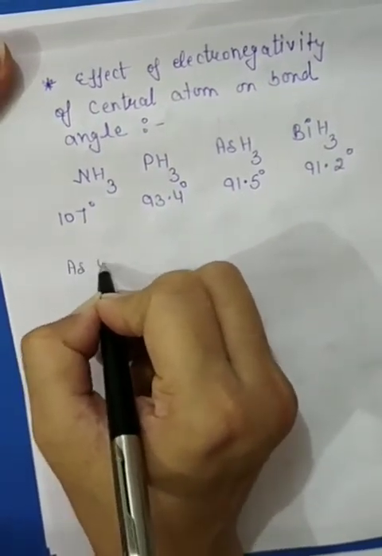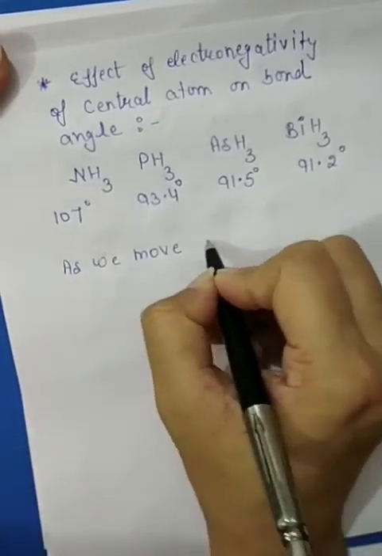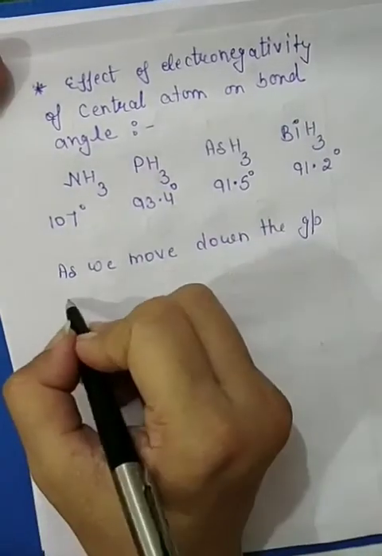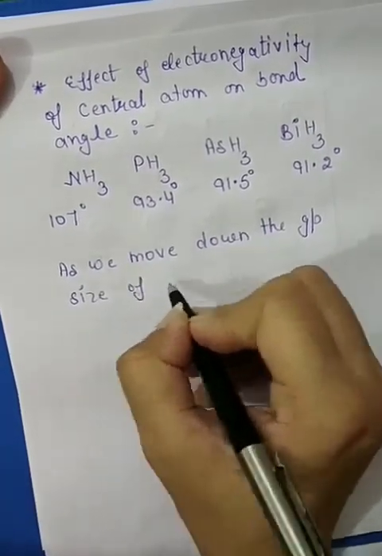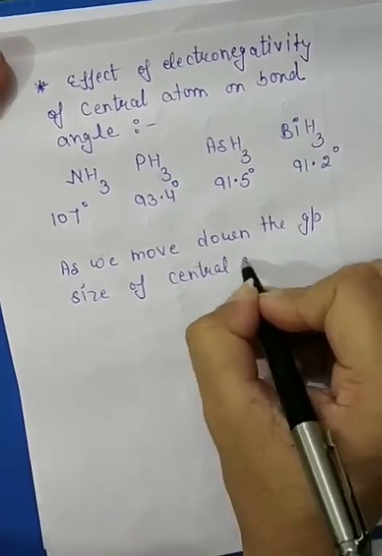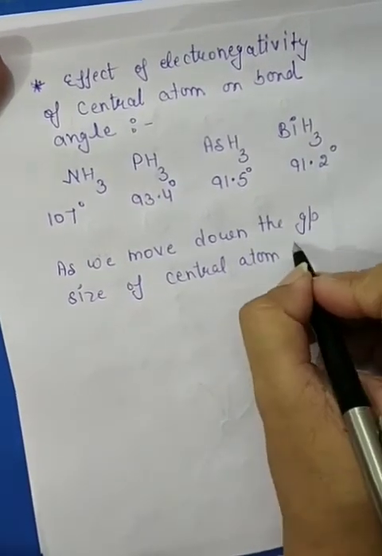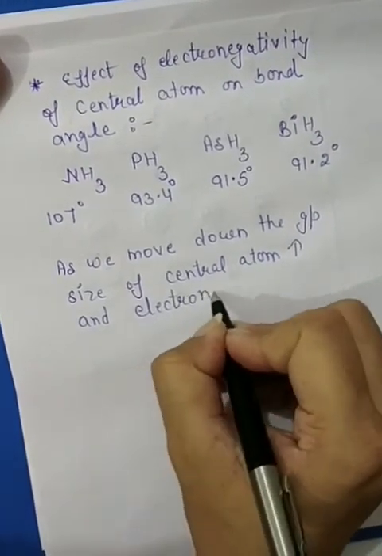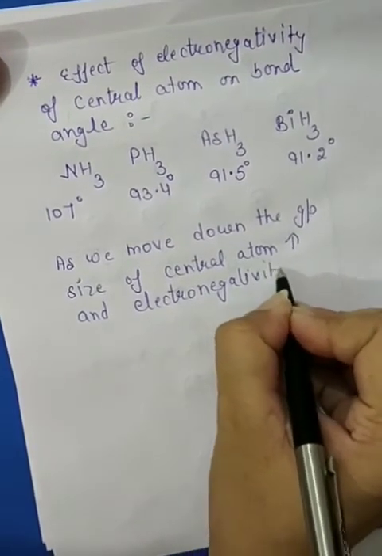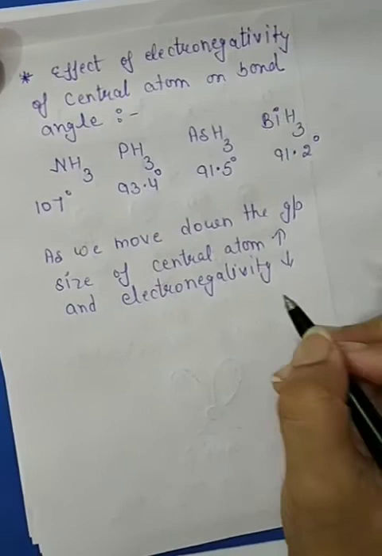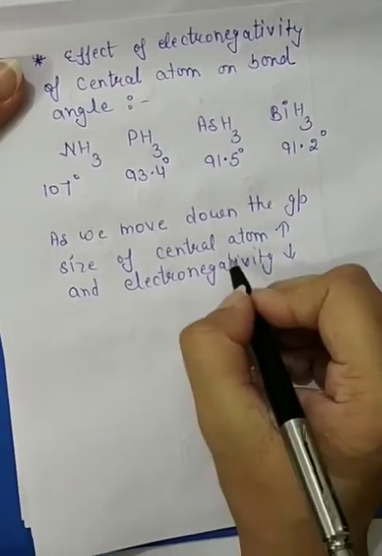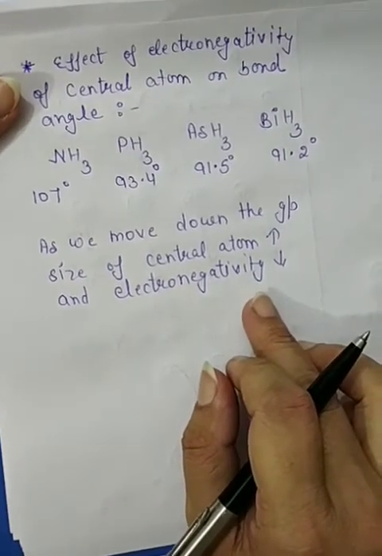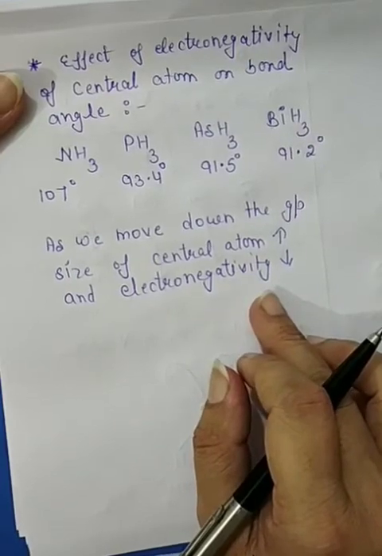The reason is, as we move down the group, the size of the central atom increases from top to bottom, and electronegativity decreases, isn't it? What it means that electronegativity decreases is that its power to attract the bonded electrons decreases.